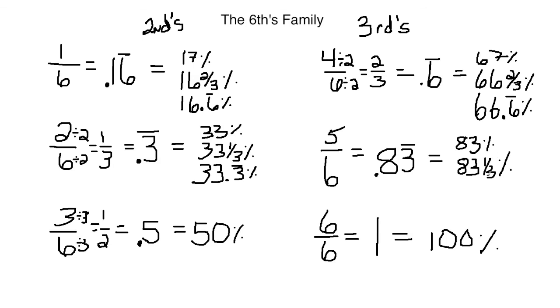Now for the decimal percent, what is 1/3 as a decimal? Well, it's 3/10 repeating. So what is 83 hundredths with the 3 repeating as a decimal percent? Well, it's 83 and 3/10 repeating percent. And now we are finished with the 6th family.